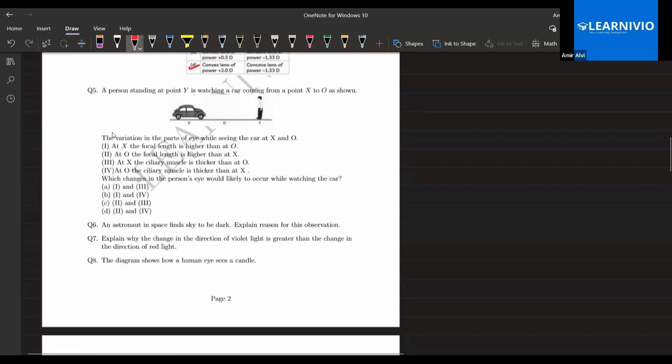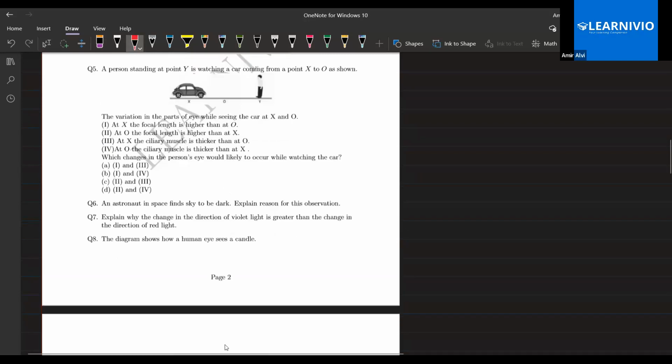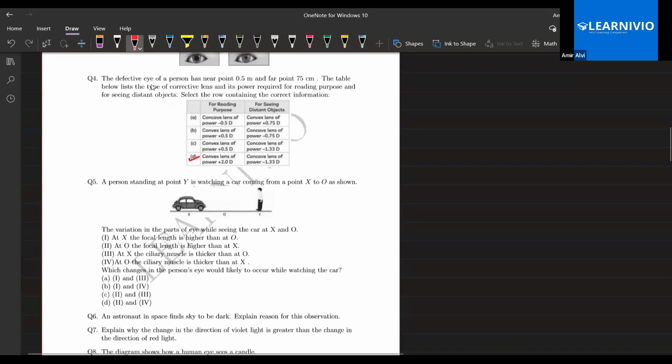Let me know the answer for the fifth one. Sir, how did you know it was option D? Look. The person has said the near point is increased and the far point is decreased. 75 centimeter is very small compared to infinity, or even 2 kilometer, 3 kilometer.